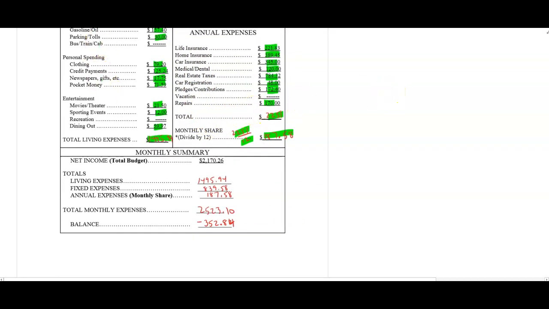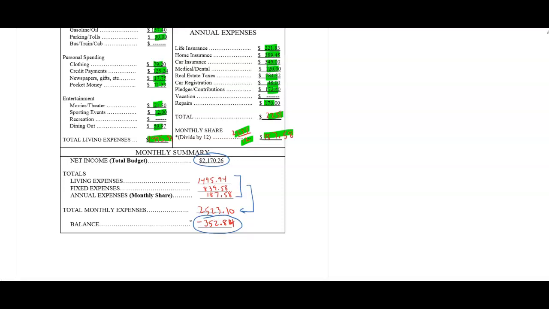So now this one's very interesting because if you take your monthly expenses and add them up, that gives you a sum of $2,523.10. But you're only bringing in an income of $2,170.26. When you subtract these, that means you're $352.84 over budget.